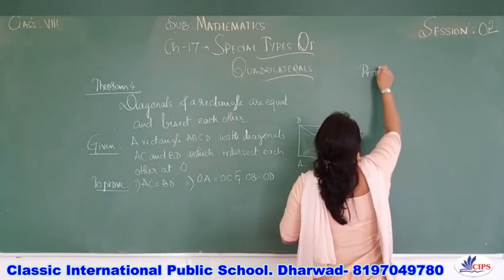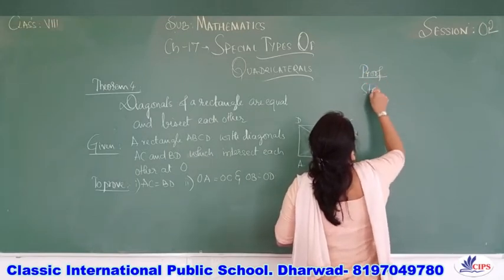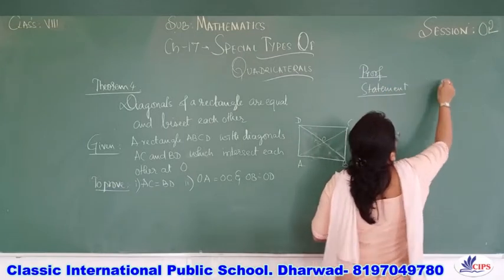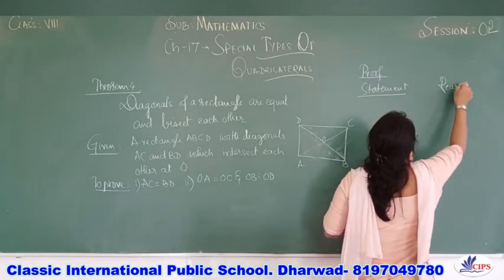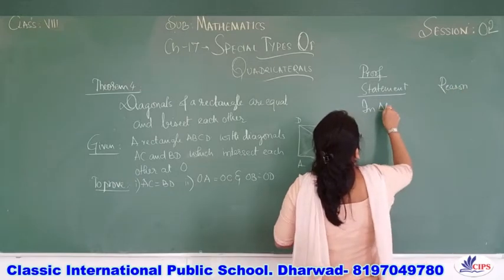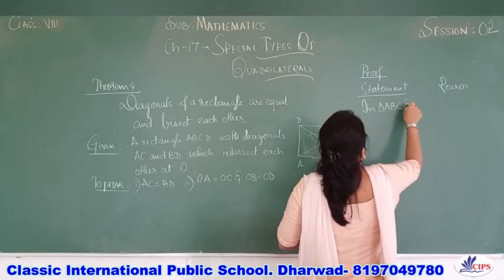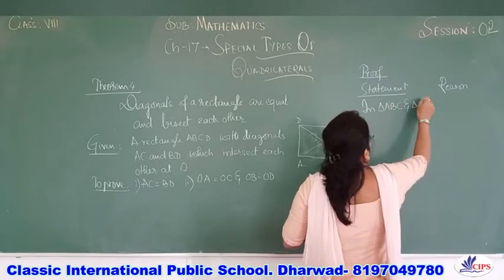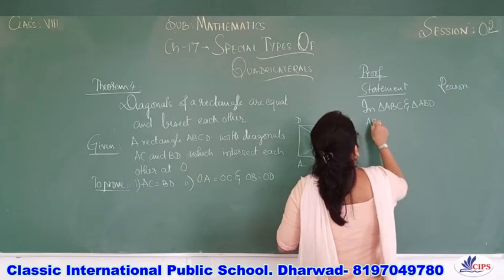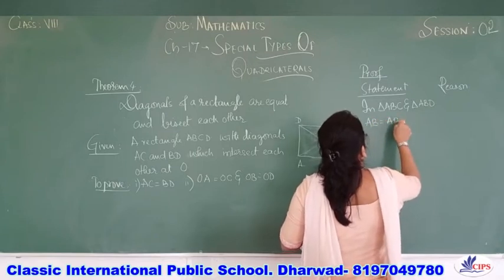Proof. This is statement and reason. In triangle ABC and triangle ABD, AB is equal to AB.